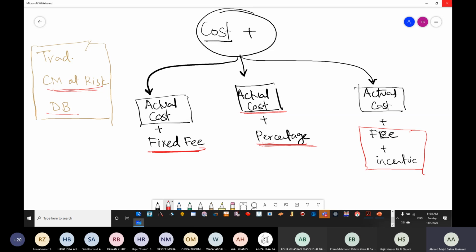Okay. Now, which one do you think will go for a more complicated project? For a more complicated project, will you go for a percentage or will you go for a fixed fee?